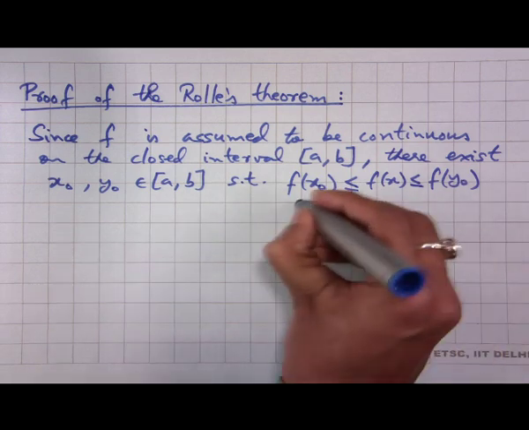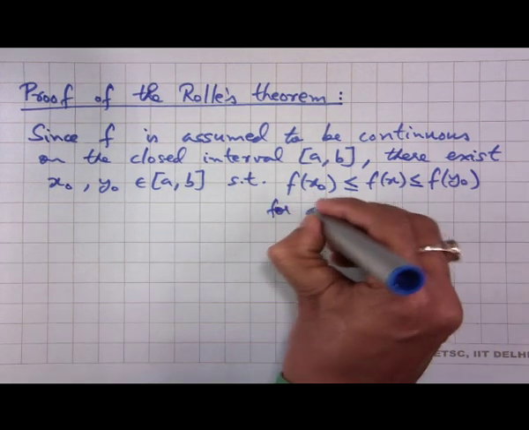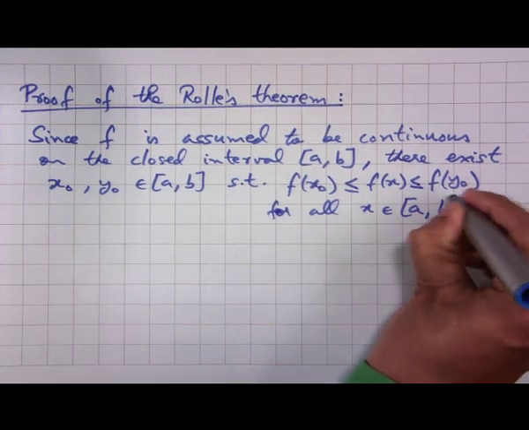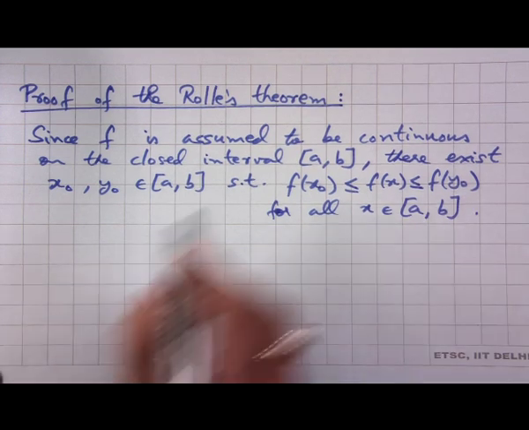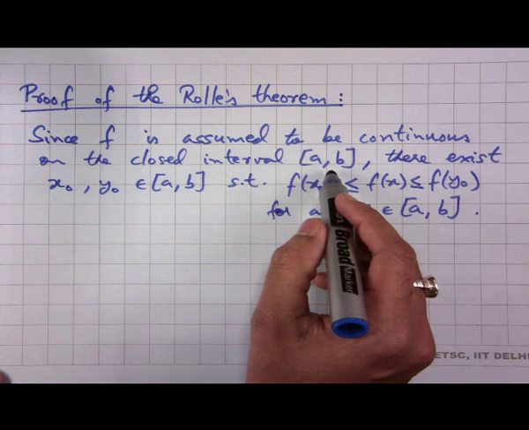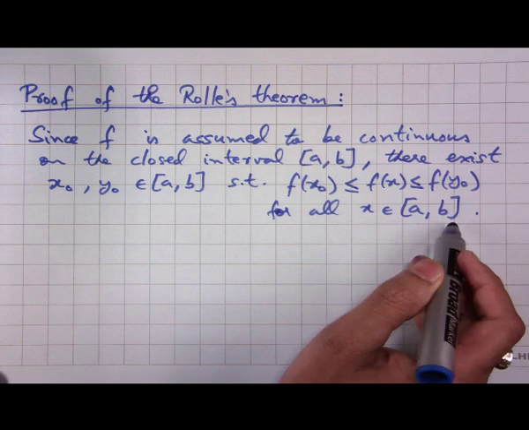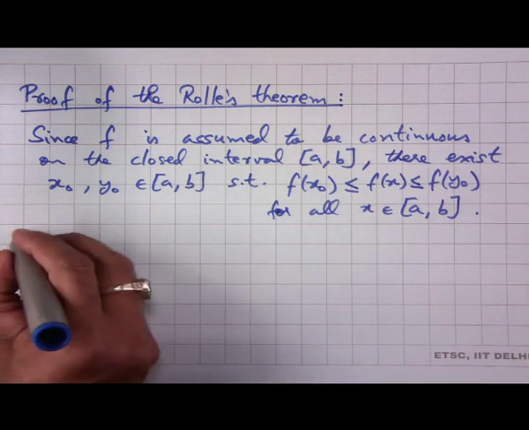This is true for all x in [a, b]. This is because any continuous function on a closed interval must attain its minimum and maximum value on that interval. So, now there are two cases.